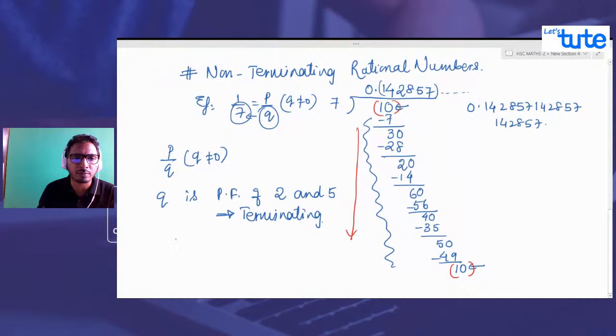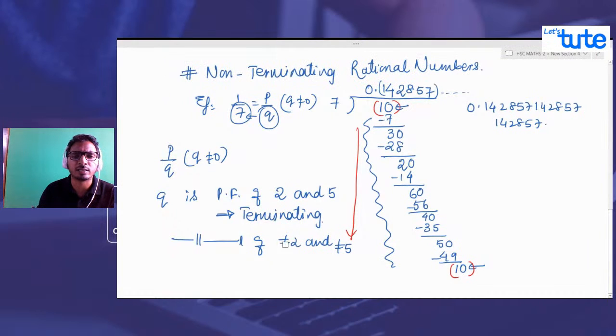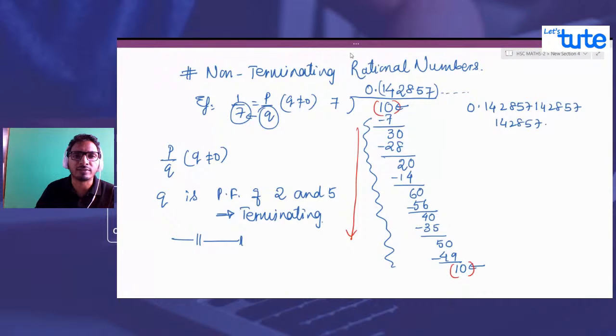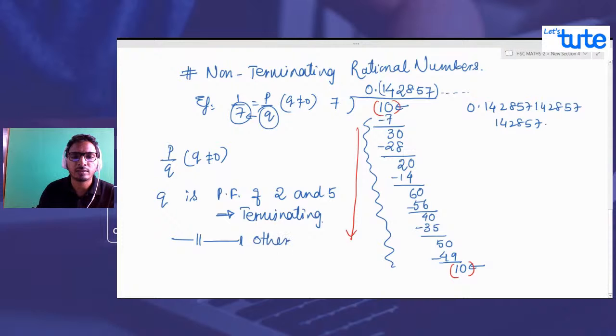But if q has a prime factorization other than 2 and 5, I should not write it as not equal to 2 and not equal to 5, it is better to write other than 2 and 5.